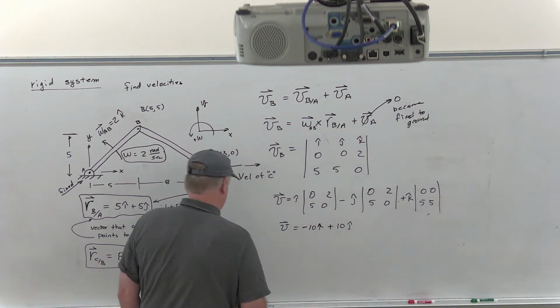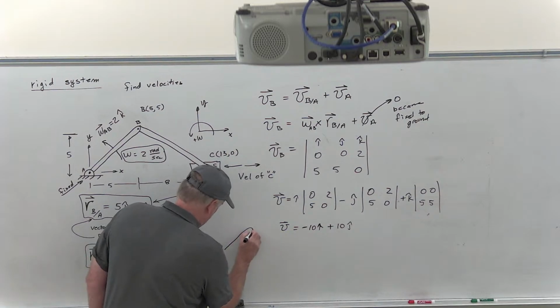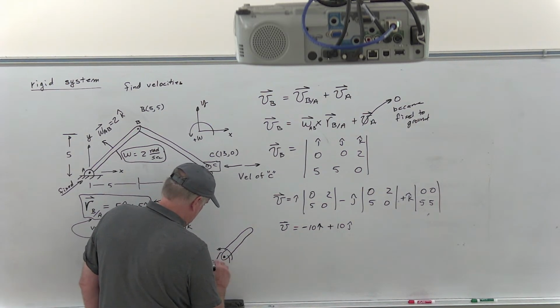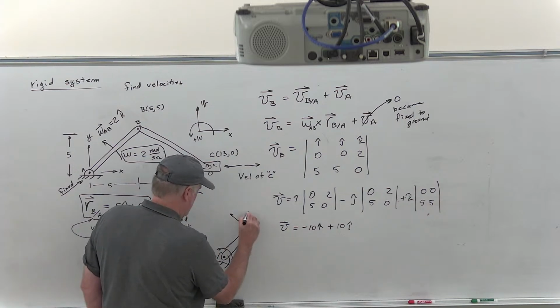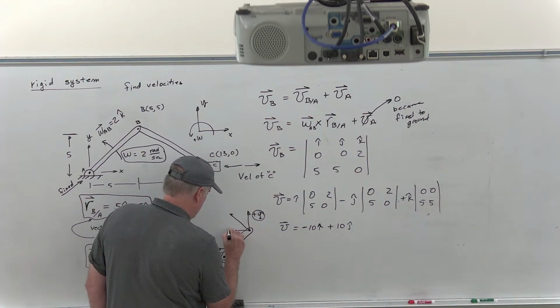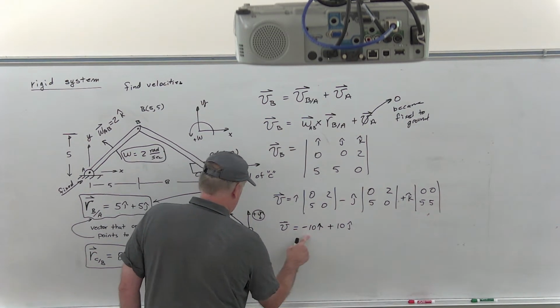Now, let's see if this makes sense. I'm redrawing the link. So if it's spinning like this, about this location, makes sense that out here it would look like that. It would be a positive y component and a negative x component. And that's what I get.